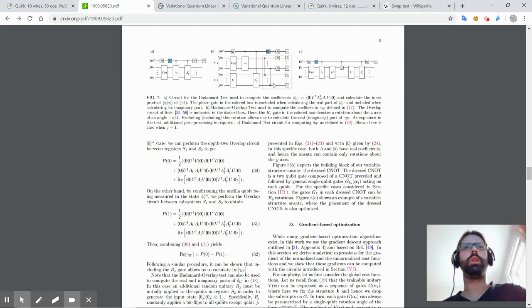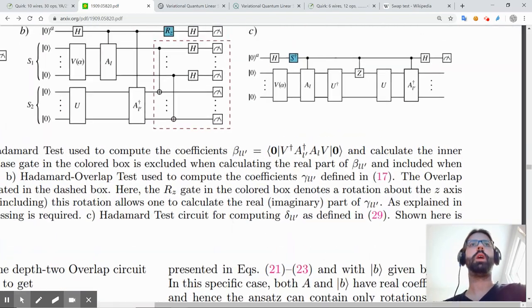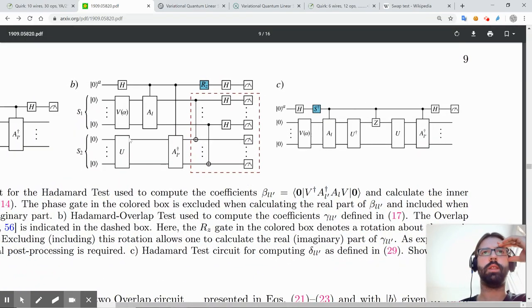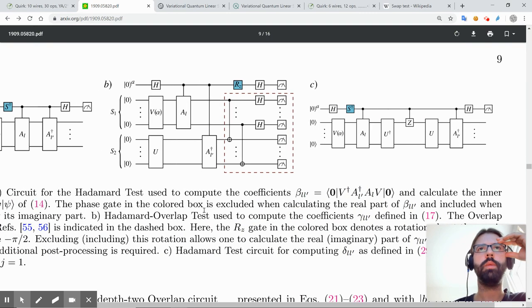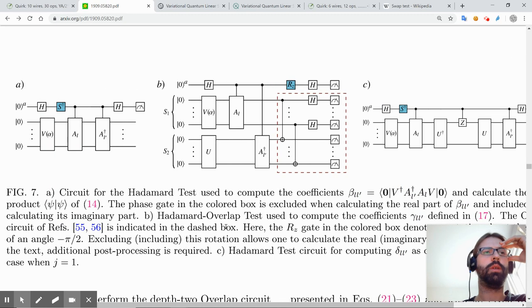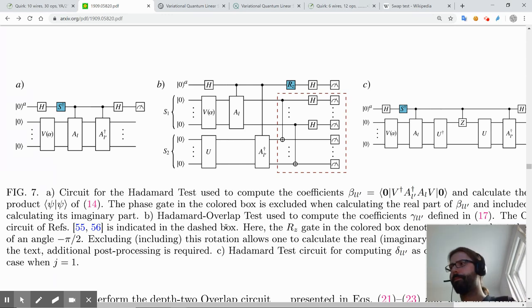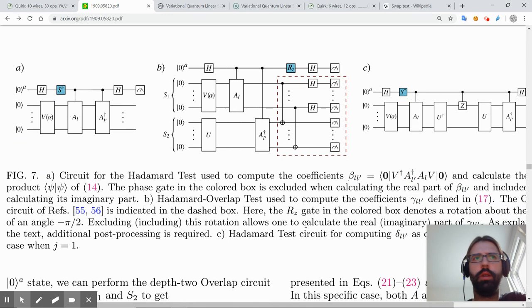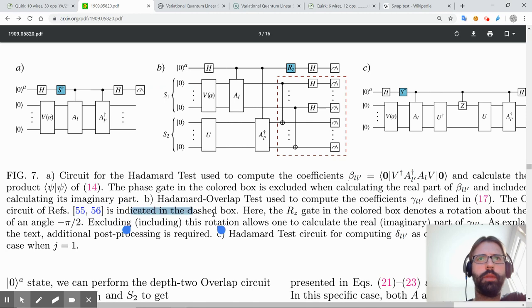I don't know if this is really what this is doing, but that seems to be the Hadamard overlap test, isn't it? Why do they call it that?